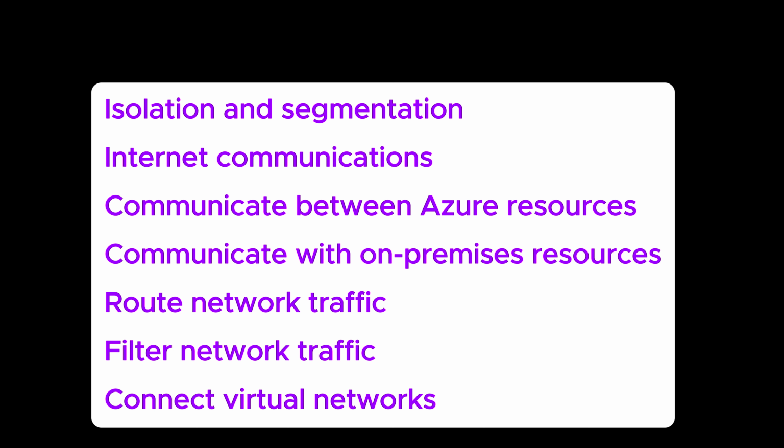A virtual network can connect not only VMs but other Azure resources such as App Service Environment for Power Apps, Azure Kubernetes Service, and Azure Virtual Machine Scale Sets, as we have already covered in the previous part.